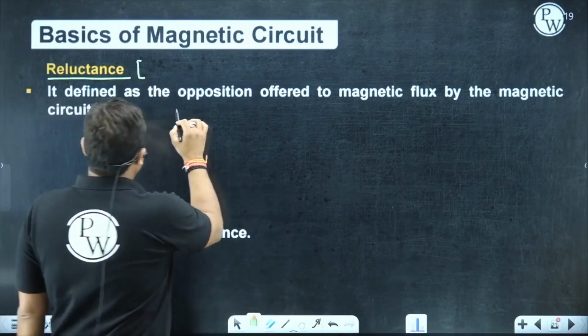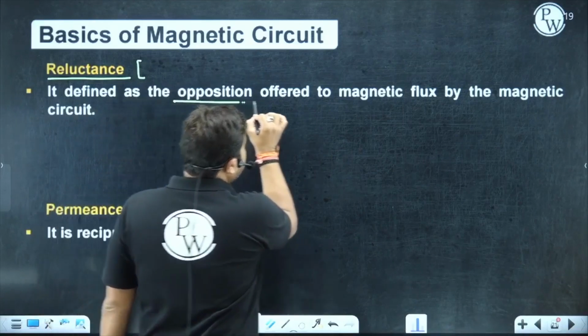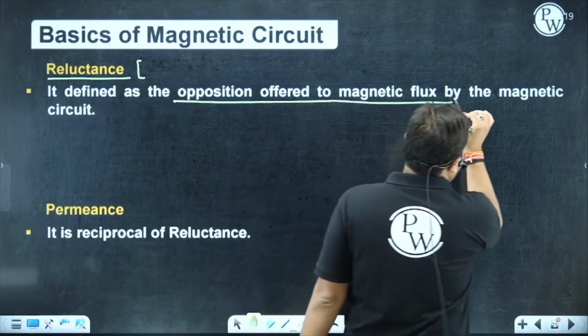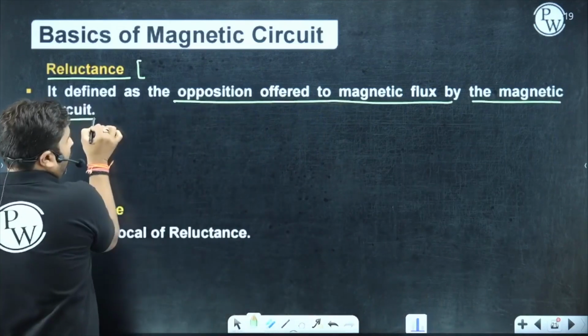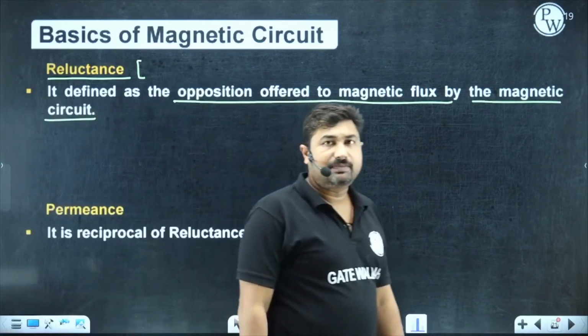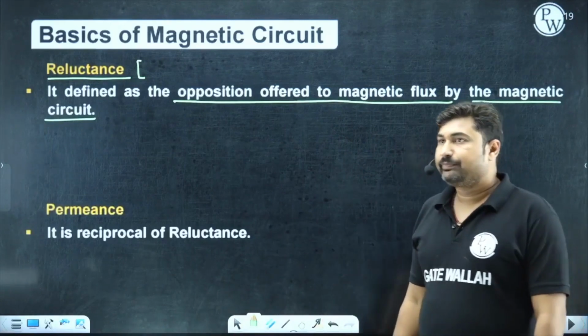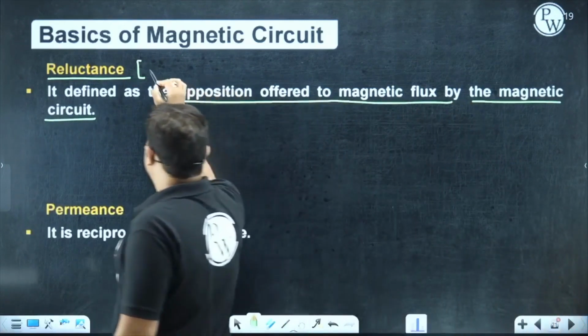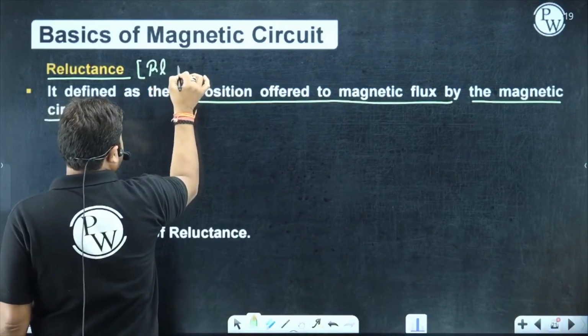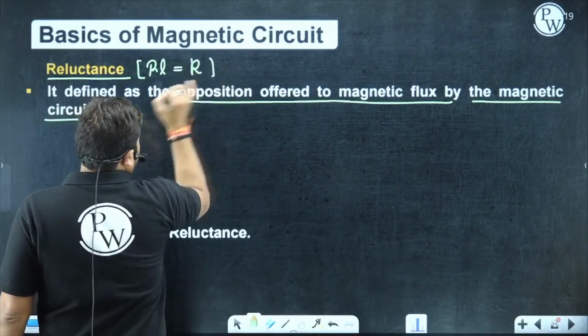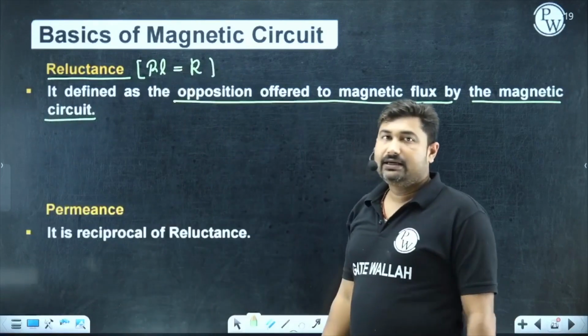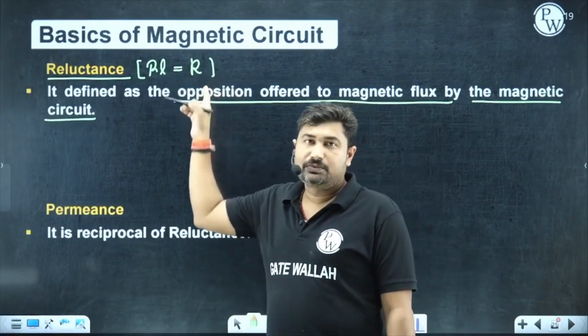Reluctance is defined as opposition offered to the magnetic flux by the magnetic circuit. It is represented by RL, or sometimes in some books it will be represented as K. A small k, a little bit different symbol if you observe.